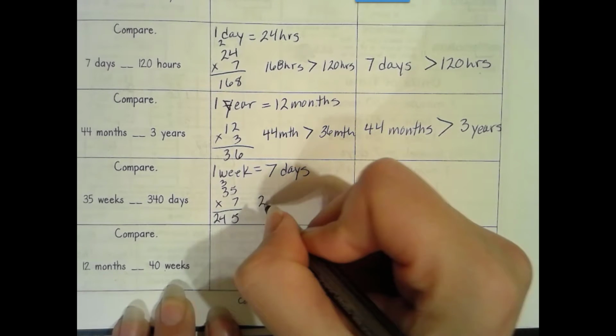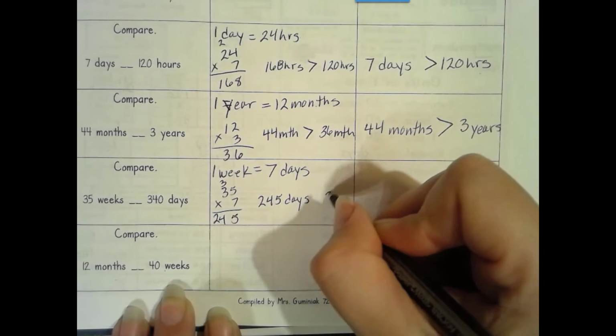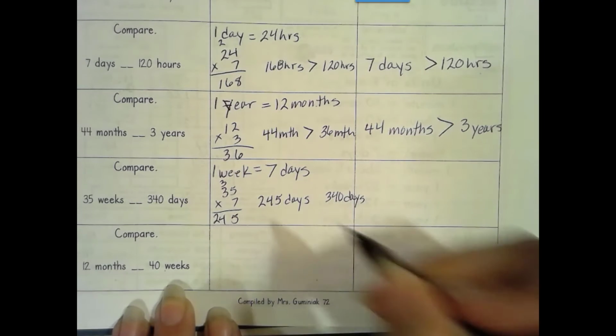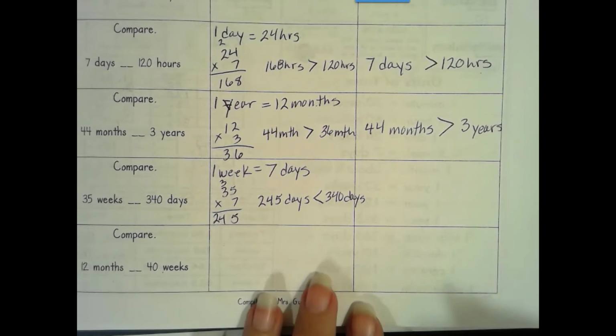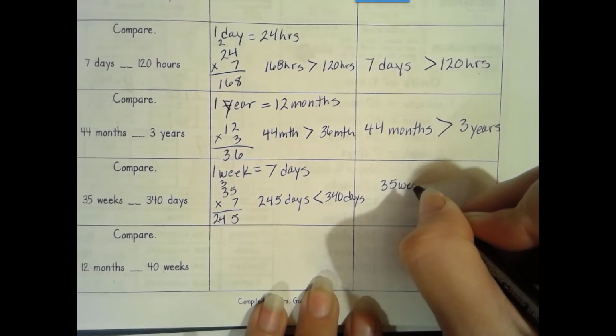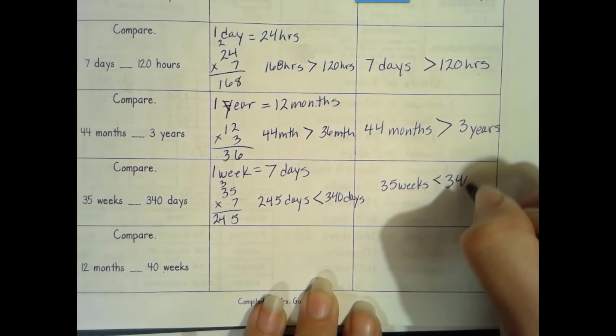So we have 245 days and 340 days. Well, 340 is greater than 245. So 35 weeks is less than 340 days.